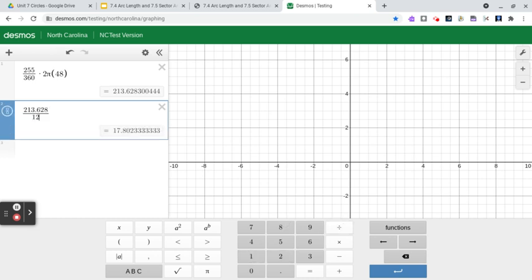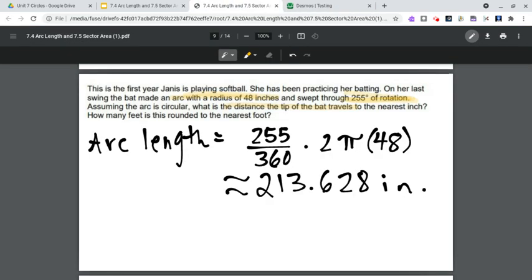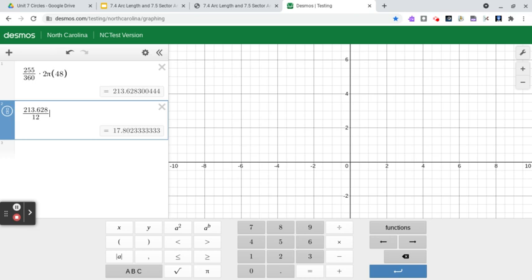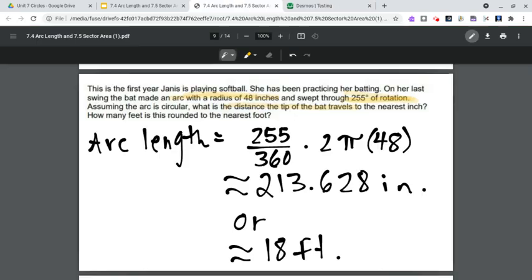Which gives us approximately 18 feet. Okay, let me just make sure that if we had done 213.63 divided by 12. Yes, okay, good.